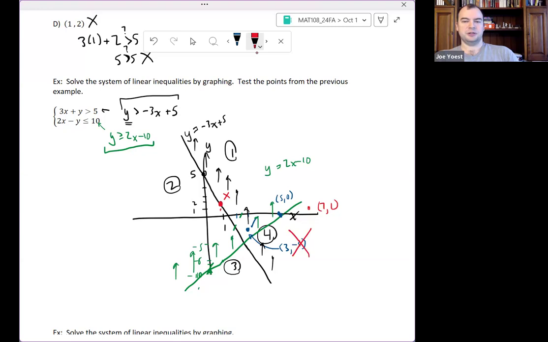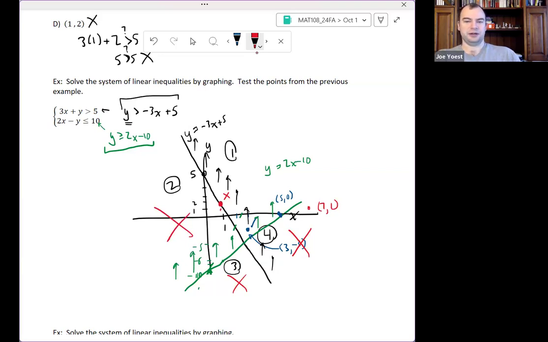Nothing in this lower right quadrant is going to be a solution. If I look in quadrant 3, here we're below the black and the green lines. Those aren't going to be solutions. If I look at the quadrant that I labeled 2 over here, we're above the green line, but not above the black line, so we don't satisfy the black inequality. Those are not solutions either.